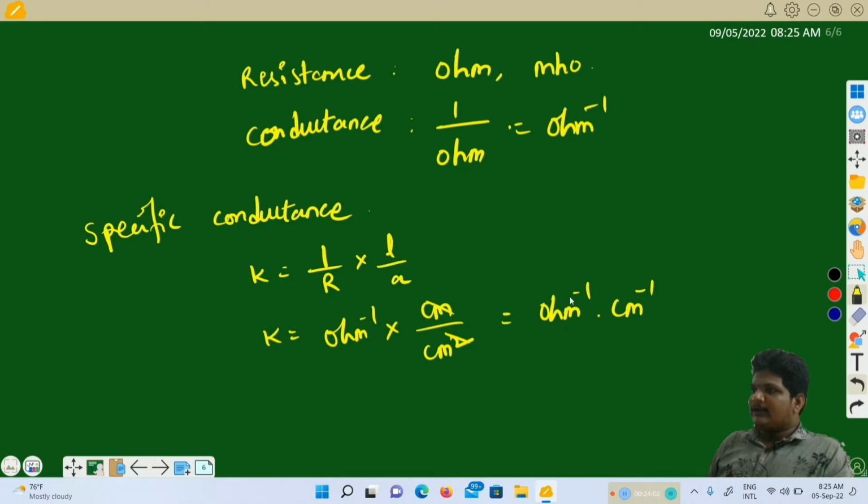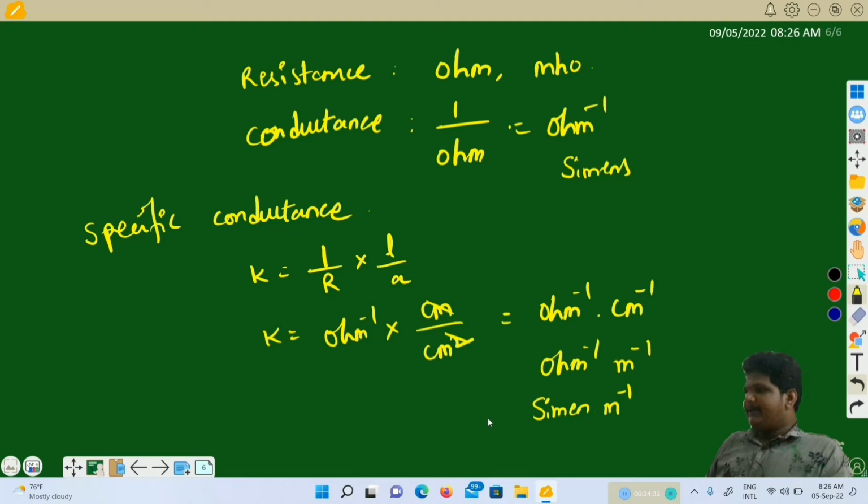We can also represent this as ohm inverse meter inverse. This conductance can also be represented as Siemens, so Siemens into meter inverse or centimeter inverse. So these are CGS units, and these are SI units.